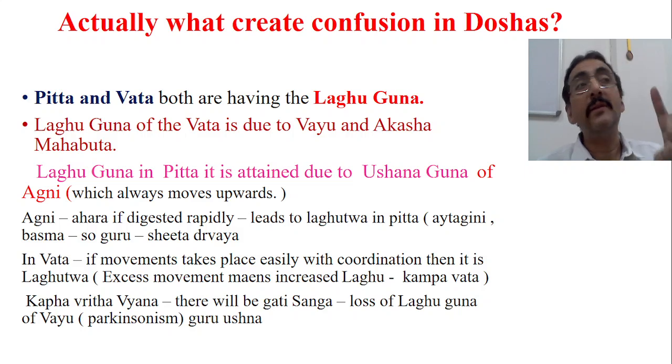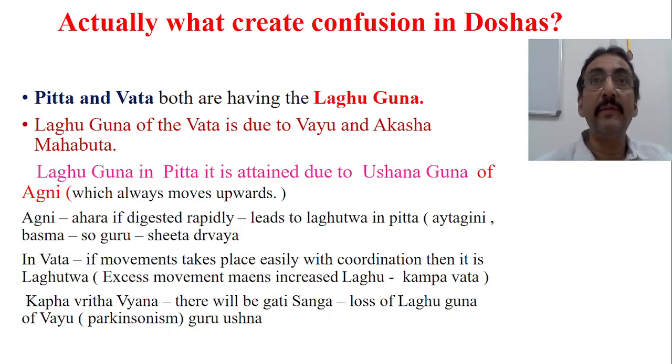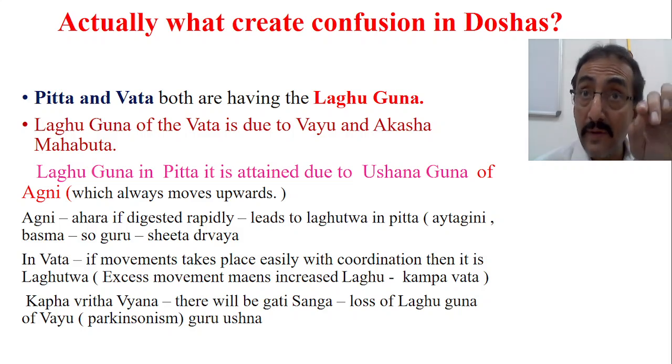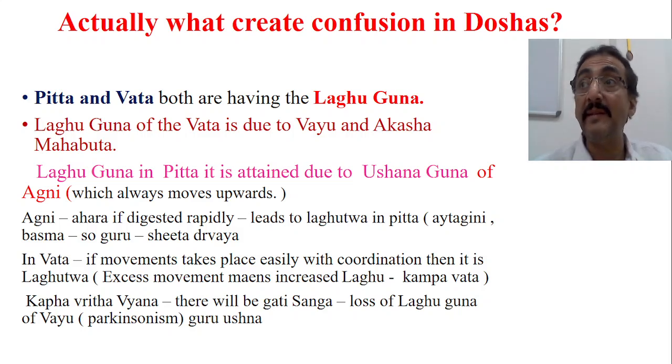There is one more condition, called Kapha Avruta Vyana. Vyana is Vata, and it is obstructed by Kapha, so there will be Gati Sanga. So far we have discussed that Laghu guna helps the normal movement. Gati Sanga is seen in Kapha Avruta Vyana: because of Kapha, movements are obstructed or ceased.